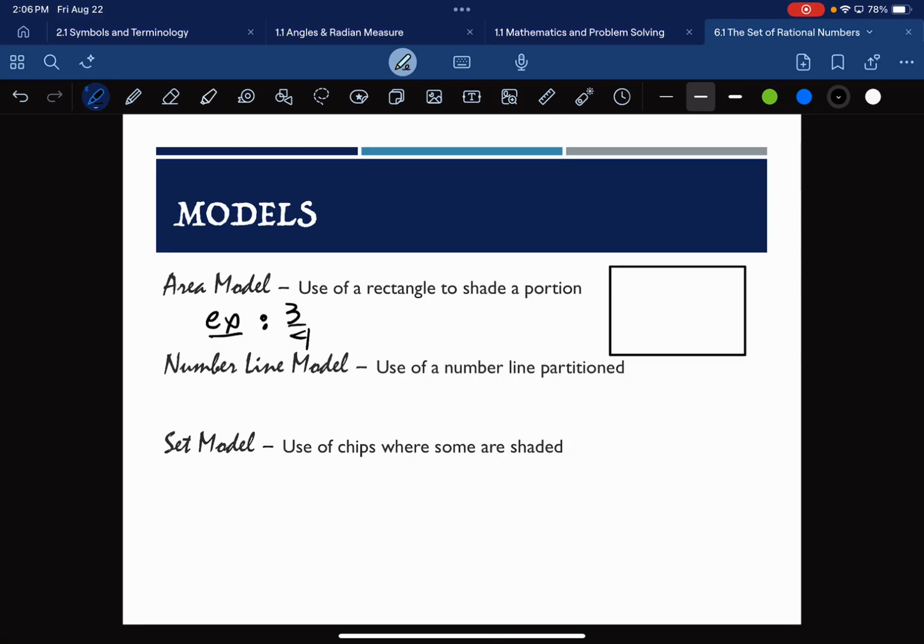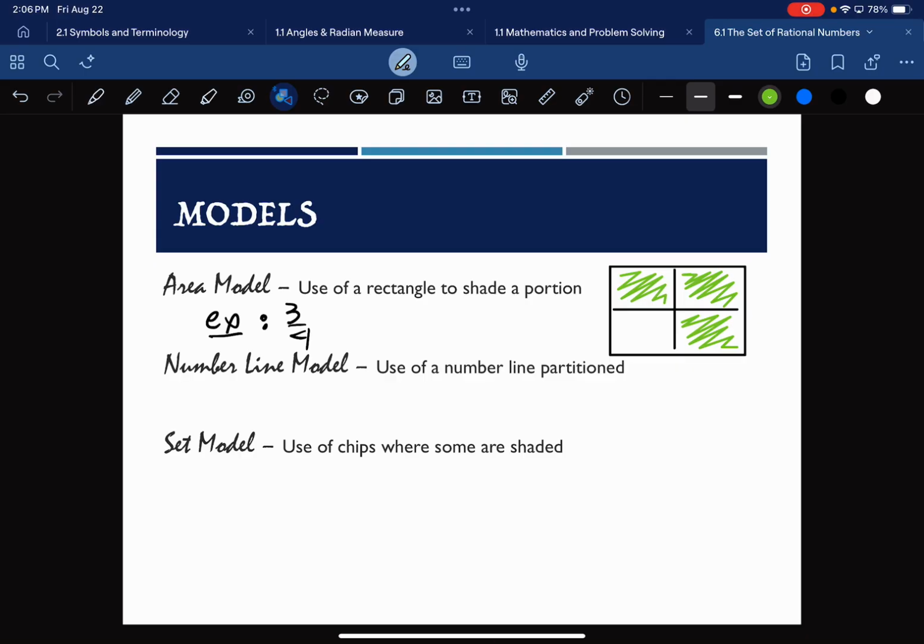So the denominator tells you the number of pieces to break it into. So we're going to break it into 4 pieces. And then the numerator tells us how many of those pieces are considered as a part of our object. So we've got 3 of them here. So this would be a shading of 3/4 of this diagram.